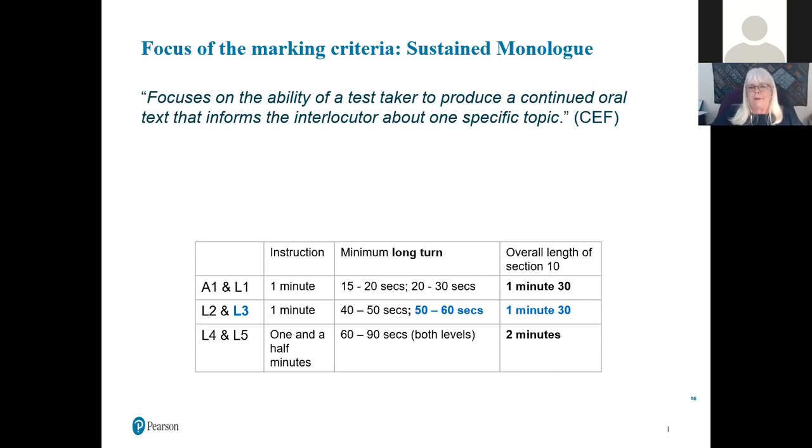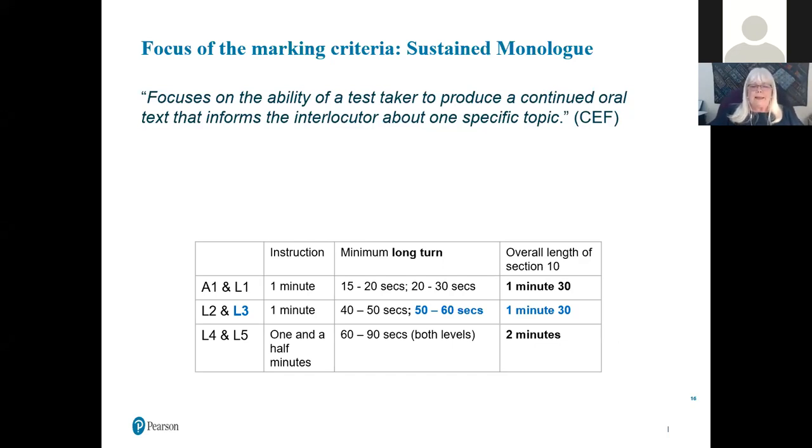Just to speak about the overall length, we as examiners do time this very carefully, and I'll show you shortly where we begin timing so that you know how to start. We only have a 5-second tolerance, so the minimum length of time that we need to be able to account for the overall length of section 10 is 1 minute 55 for levels 4 and 5, and 1 minute 25 for all the other levels.